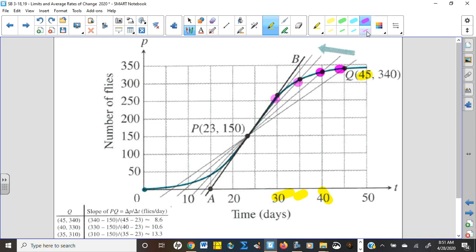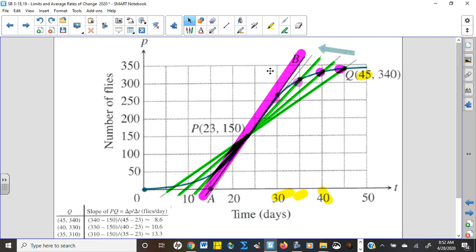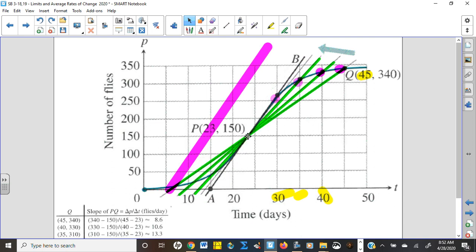And the big theme tomorrow, the big thing that we should realize, is that these slopes, as we get pushed back, should be getting closer and closer to what we really want to find. And what we really want to find is this slope, which only intersects the curve at a single point.